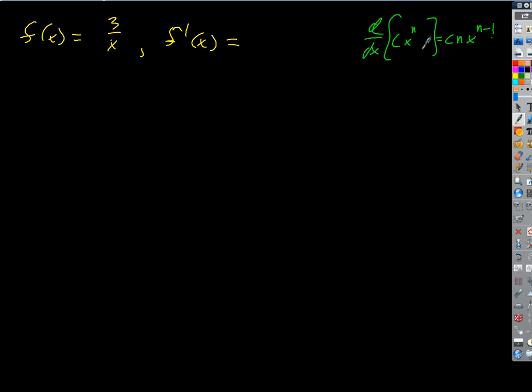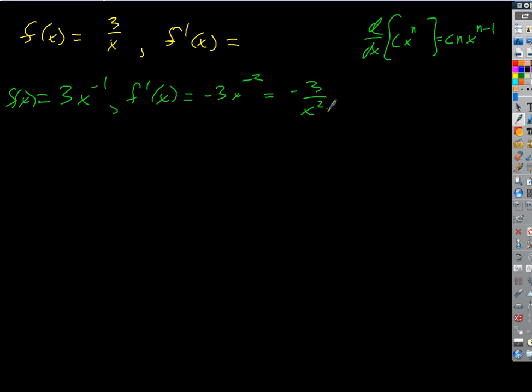I could write it as 3 times x to the minus 1. Now that looks like a power, like a base to an exponent, right? And so if that's f of x, then what's f prime going to be? Okay, negative 3x to the negative 2, which we could rewrite as negative 3 over x squared if we're going to write it in terms of positive exponents, right?